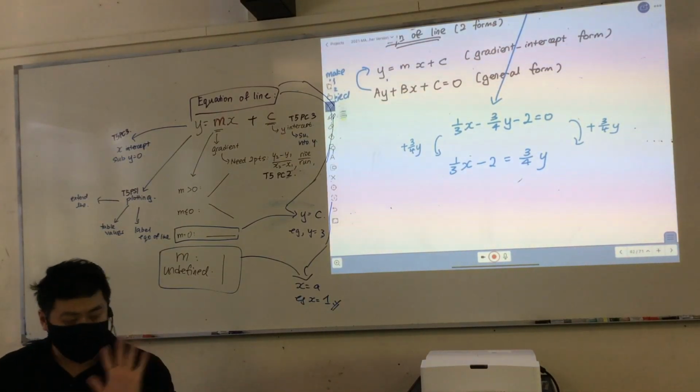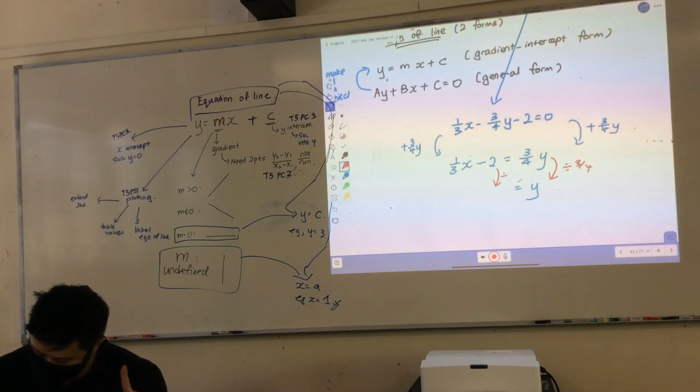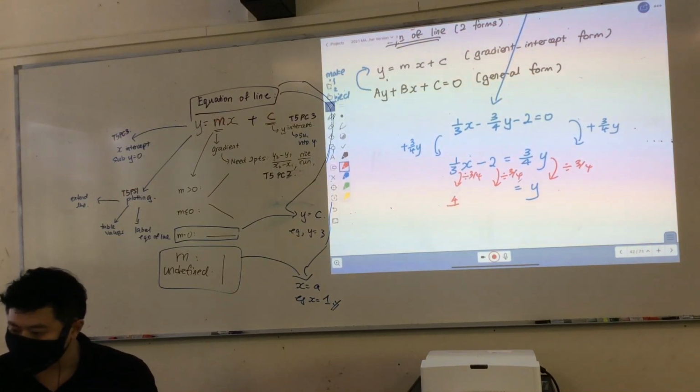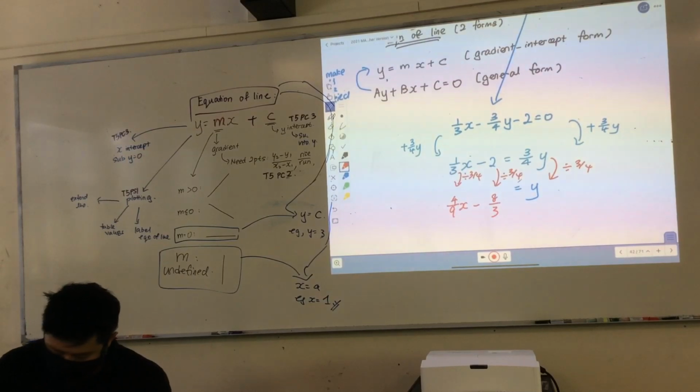How do I get to y? Divide by 3/4. So this one, divide by 3/4. This one also, divide by 3/4. Straight away your answer is 4/9 x minus 8/3 equals y. That's a faster way, if you can handle it.